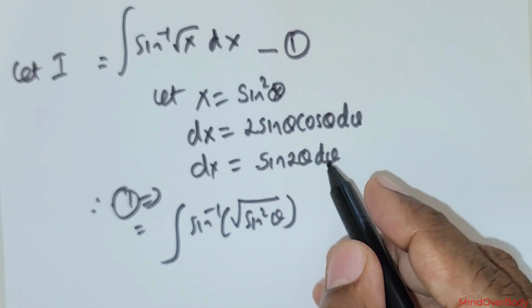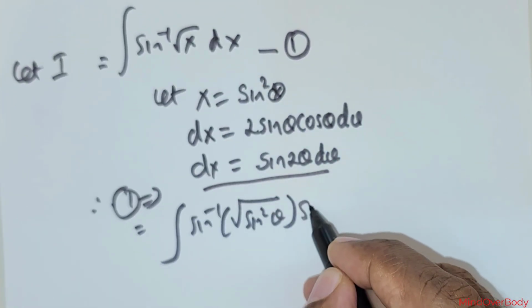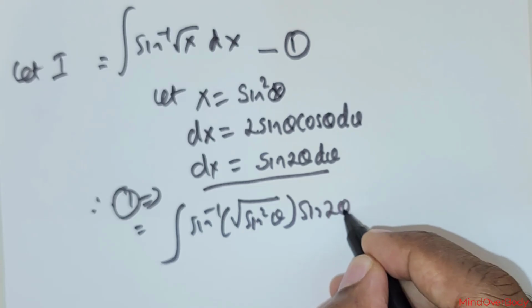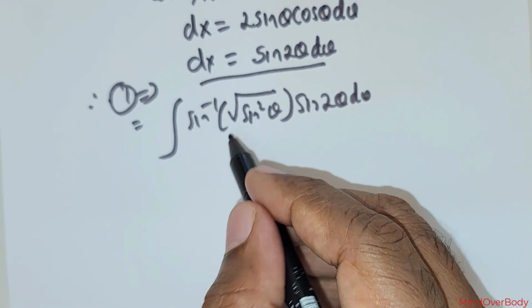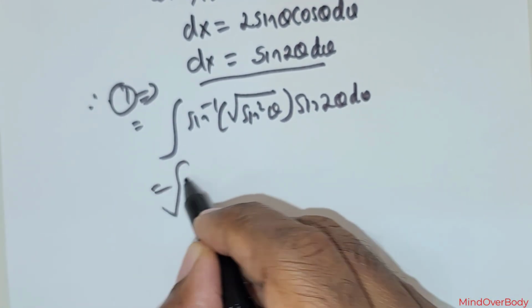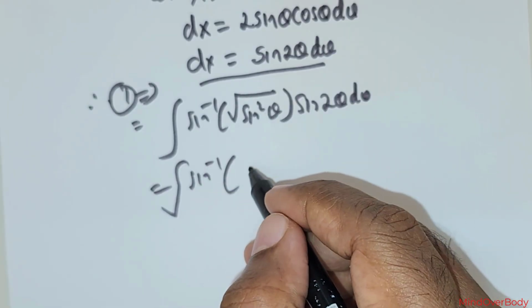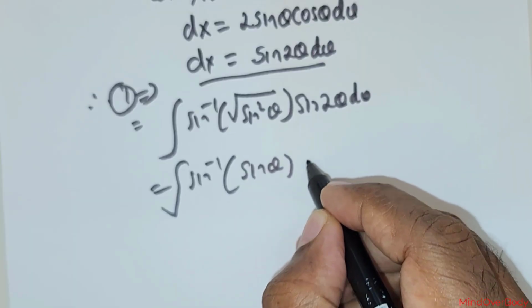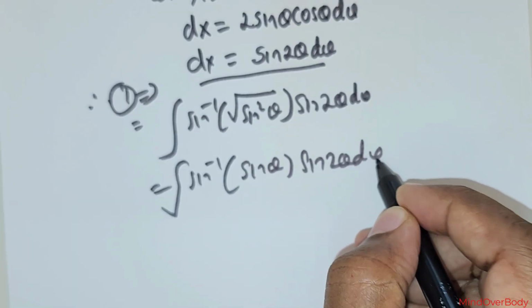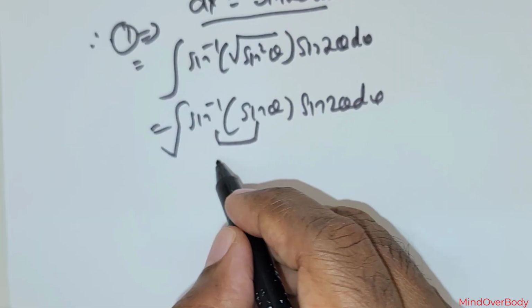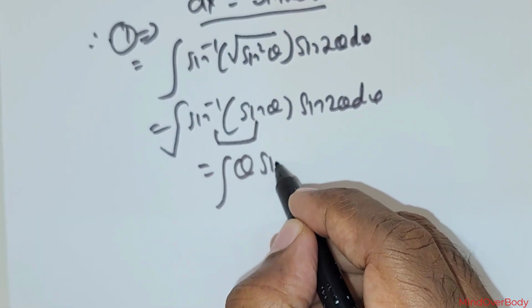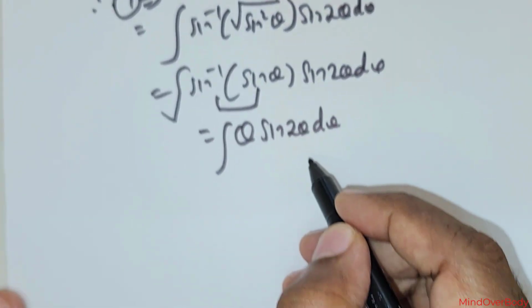In place of dx, I'm going to substitute sine 2 theta d theta. Square root of sine square theta will become sine theta times sine 2 theta times d theta. Sine and sine inverse get neutralized, giving me theta times sine 2 theta times d theta.